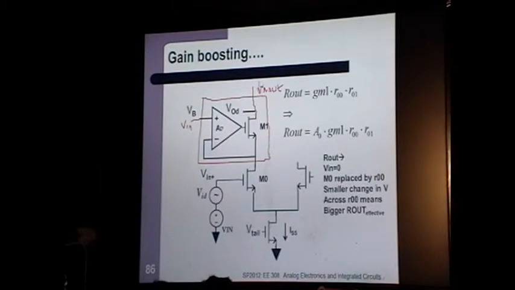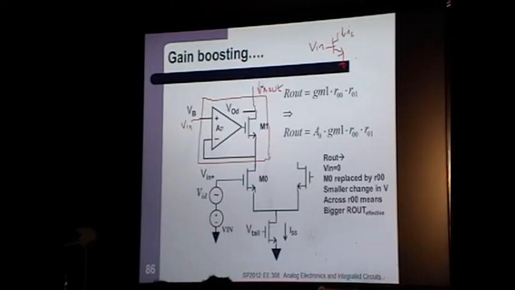Okay, so let's see. The gm of a single transistor, let's say you had a BJT. You have V in, say this is grounded, and then you have this IC.